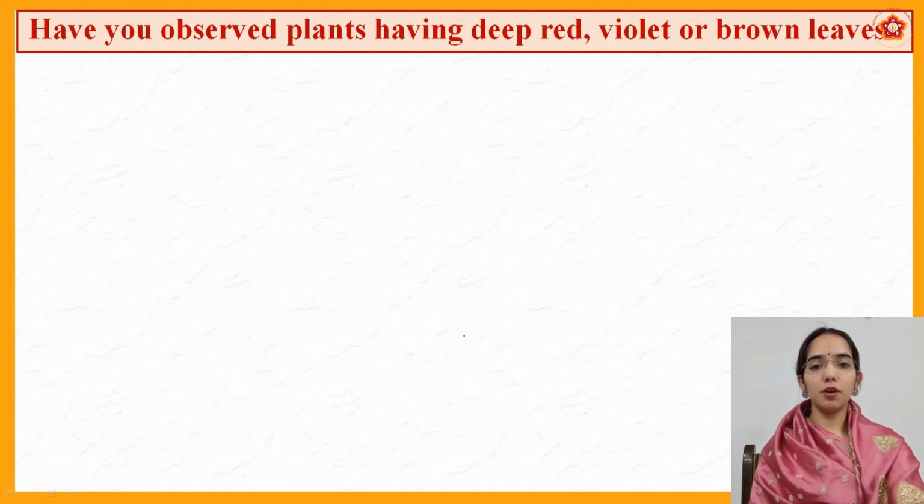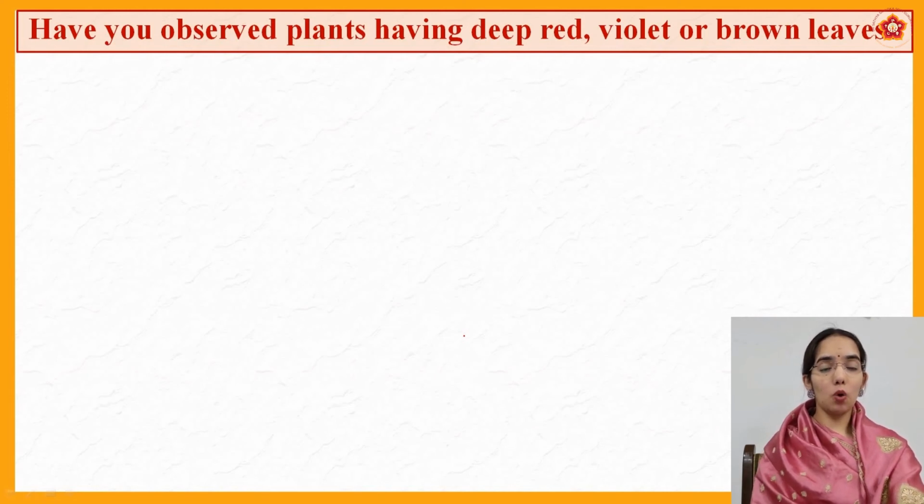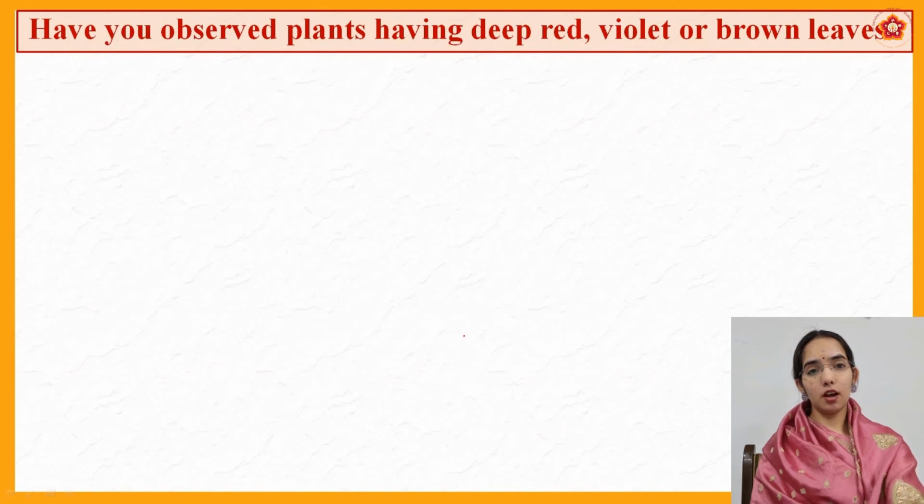Have you observed plants having deep red, violet or brown leaves? I'm sure you must have seen certain leaves that are red in color, violet in color, brown in color. Do you think how will they perform photosynthesis if the green pigment chlorophyll is not present? Because the leaf is red now. Where is the chlorophyll?